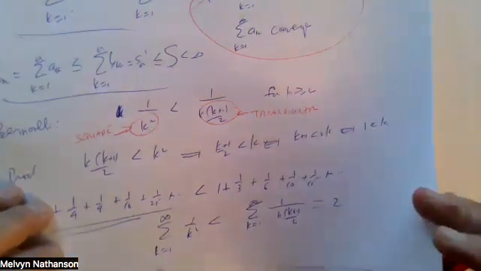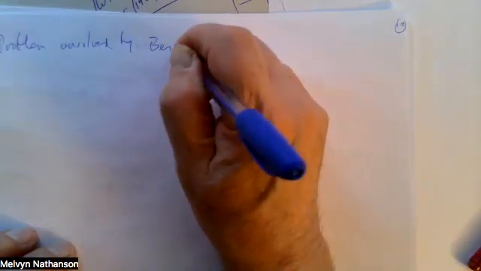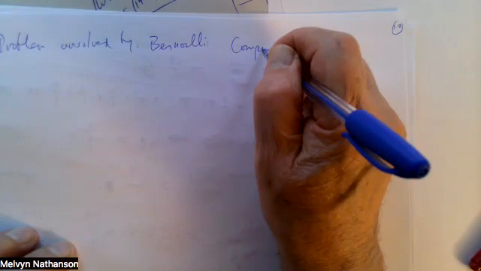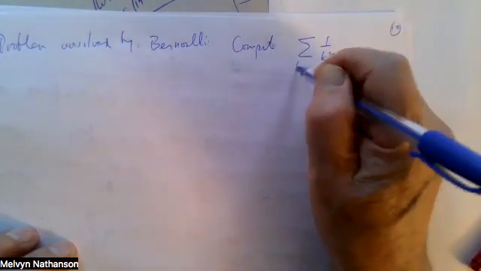The unsolved problem, or let me just put it this way, it's not unsolved now. The problem unsolved by Bernoulli was to compute exactly the sum of the reciprocals of the squares.